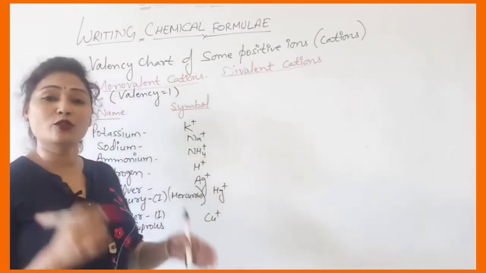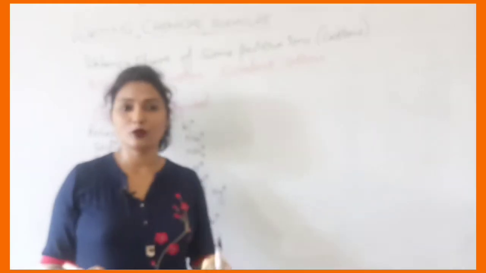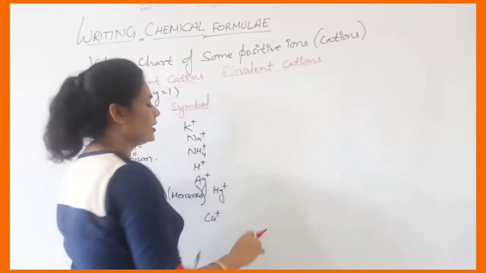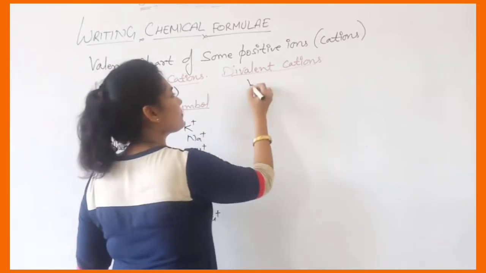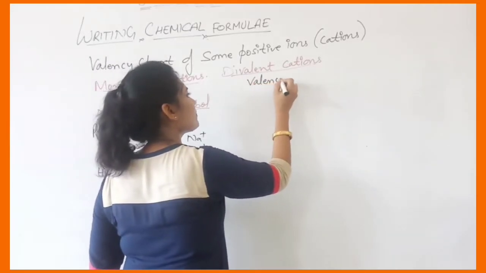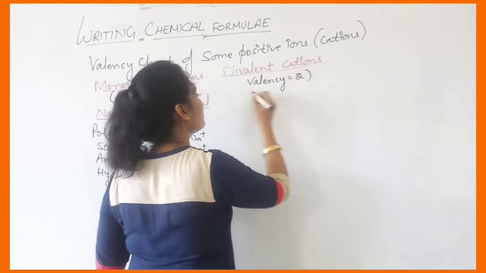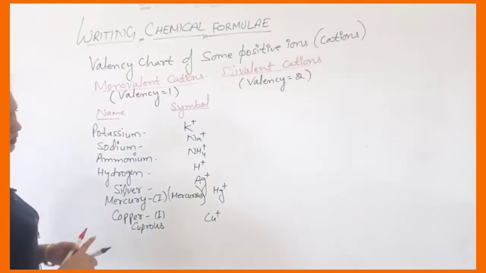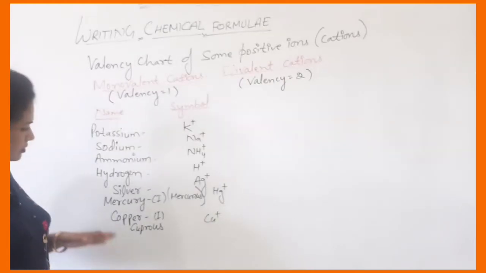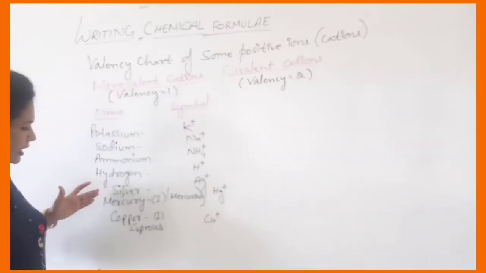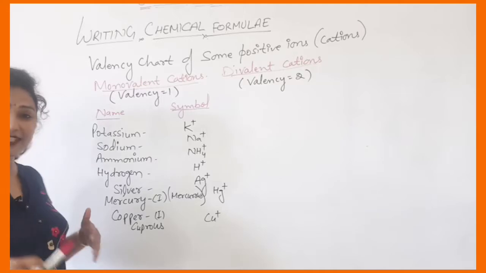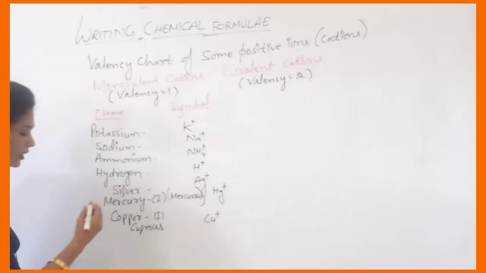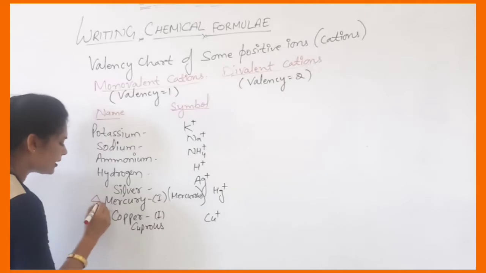Divalent cations are those cations whose valency is 2. So we can write valency equals 2. And if we want to discriminate the ions whose valency is variable, we can draw an asterisk or a star here.